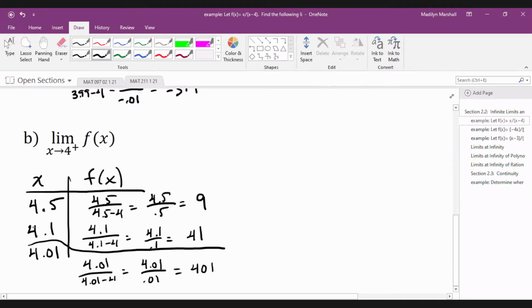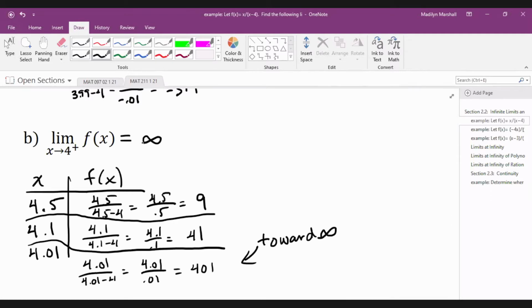So in this case, we can see that our numbers are getting bigger. And they're getting bigger in a positive way. All of them are positive. So here we are going toward infinity. So our limit in this case will be infinity. So we know there's an asymptote there, which means that we're definitely going toward either infinity or negative infinity from either side. So this is just one way to find out which infinity we're getting close to.